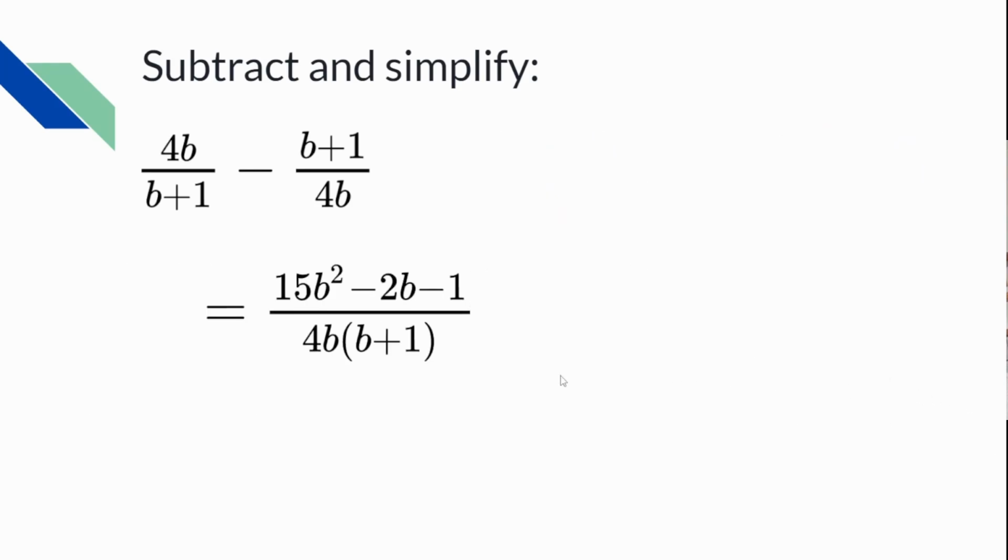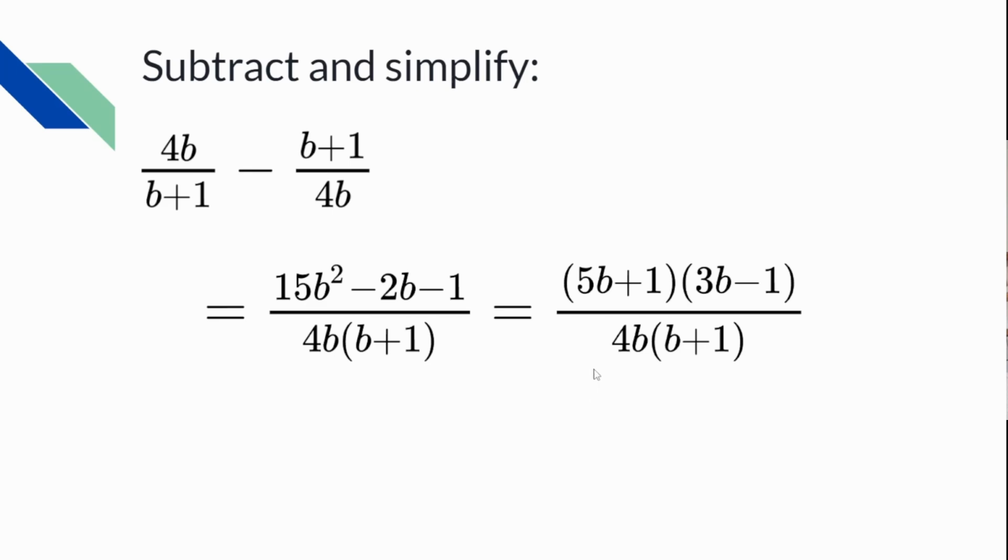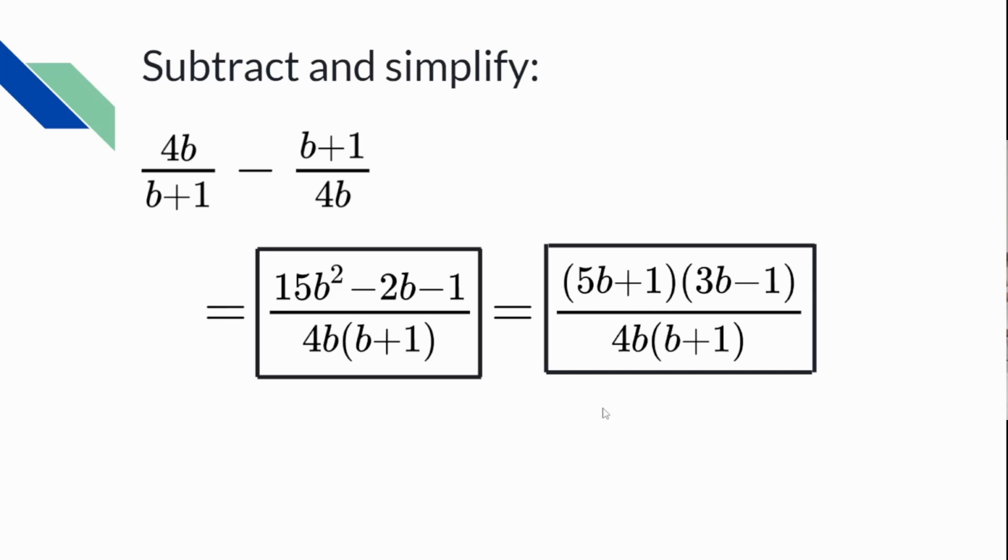This is a trinomial that can be factored as 5b plus 1 times 3b minus 1. We factored there to see if anything would cancel, and in this case, it turns out nothing cancels. So because of that, these answers are both correct. You can report either one and you'd be correct.